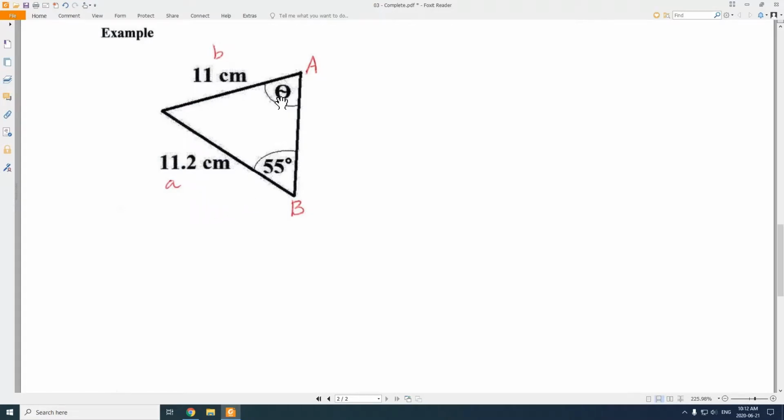This time I'm solving for an angle, so I'll use the form that has the angles on top. And it looks like A and B are the important ones again. So I've got sine A over A equals sine B over B. Let's plug in what we got here. Sine A becomes sine theta.